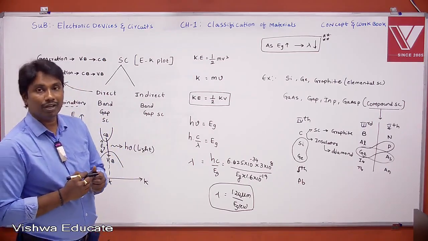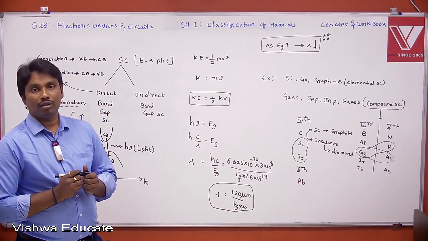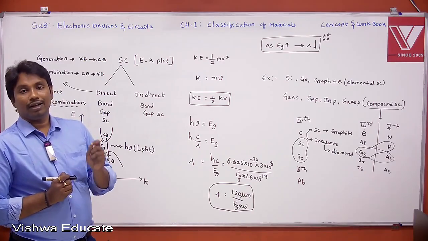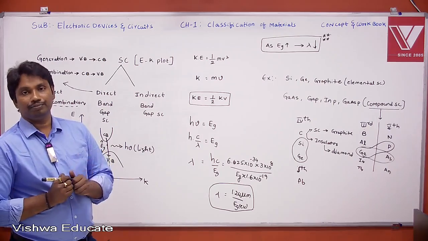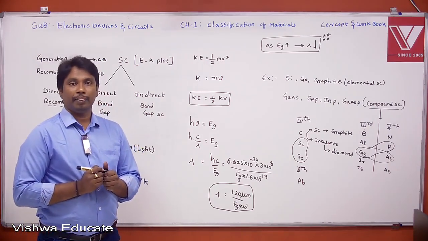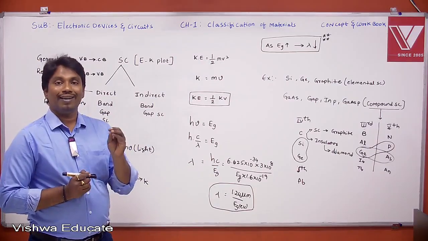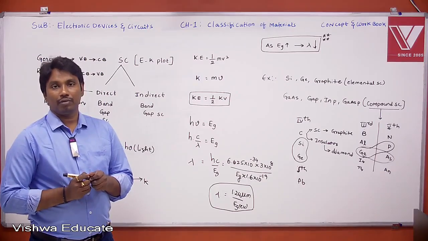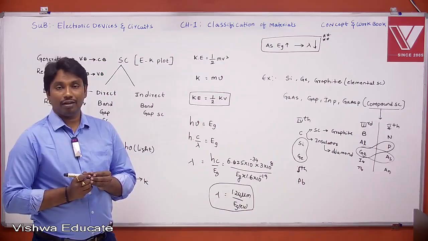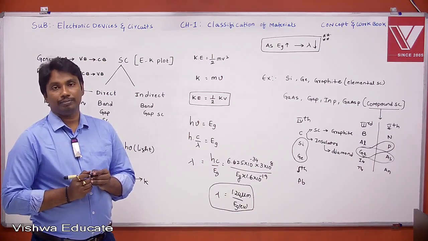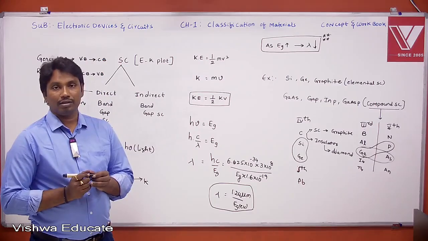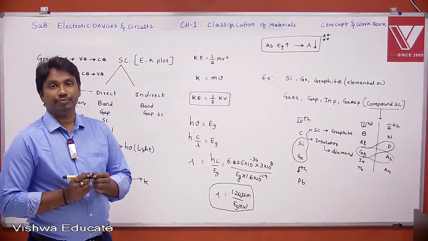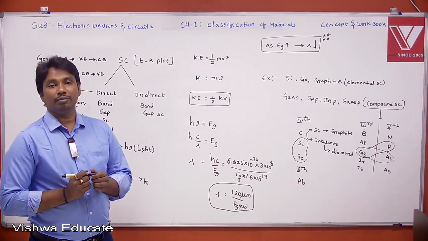The semiconductor in which the conduction band is minimum and the valency band is maximum at the same momentum is called a direct band gap semiconductor.